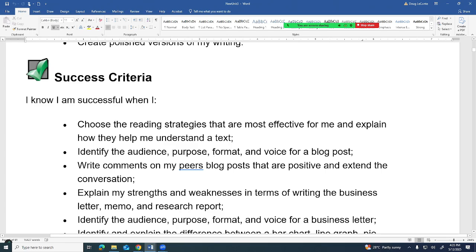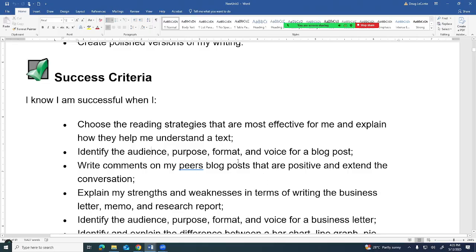Yeah, so your format, we always give you examples of the format we would like you to follow. The audience will change, and there's always a different purpose. So for instance, we'll be completing a business letter section in this unit as well.